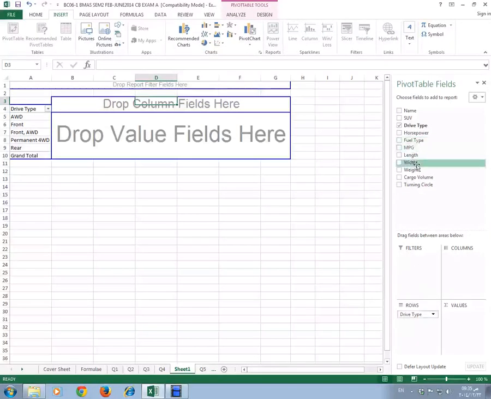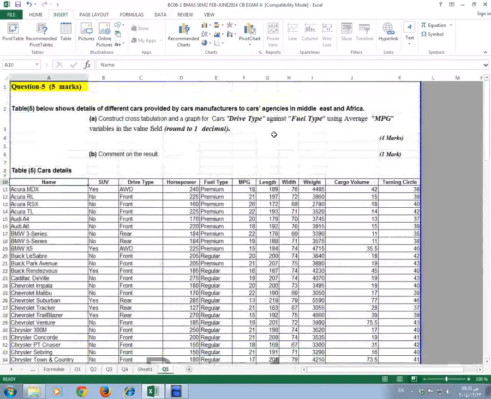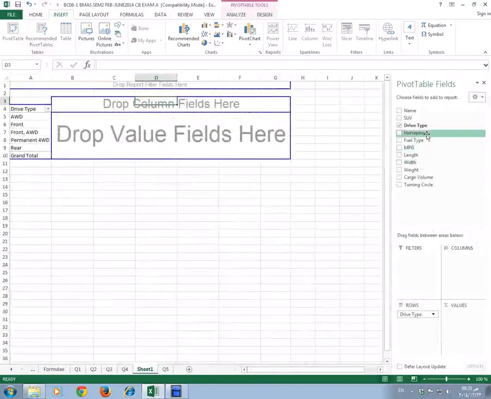The other variable which is required for this one is the fuel type. If you forget what the question is, you can click question number 5 and see what the question is. They need fuel type. So I will click here the sheet, and then here fuel type.